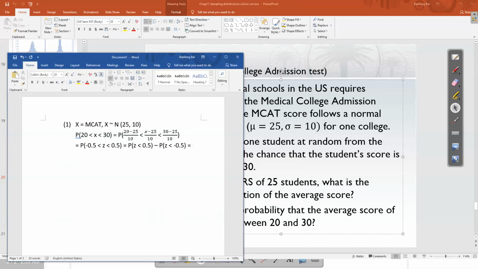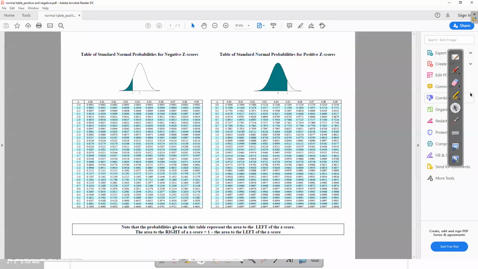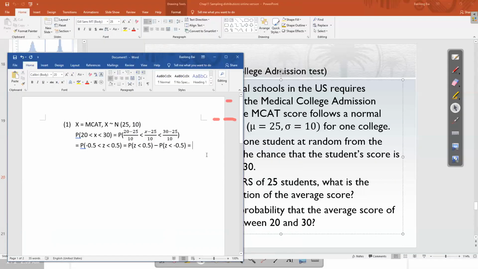And then we can look up in the Z table. With both events, we have a less-than sign, so we're good to use the Z table as is. If you look up positive 0.50, the probability is 0.6915. So this will be 0.6915 minus the probability of Z less than negative 0.5.